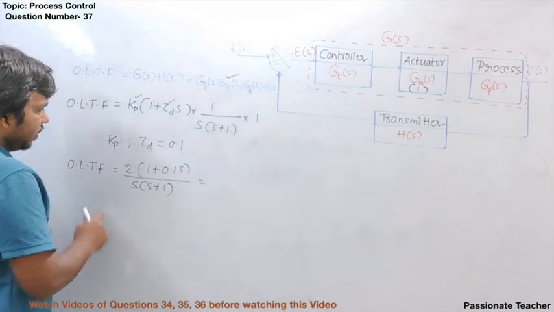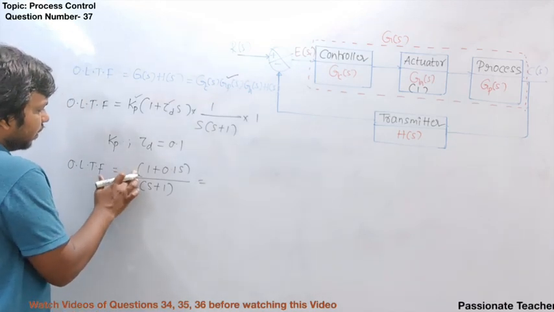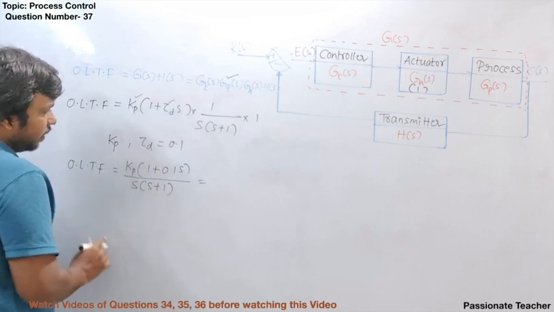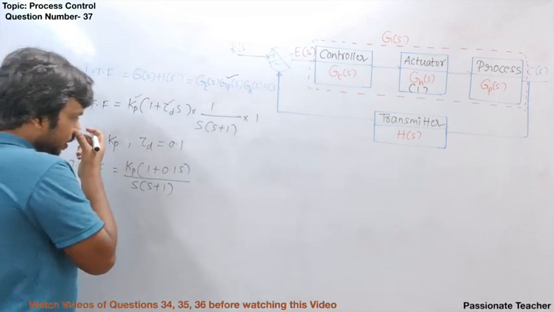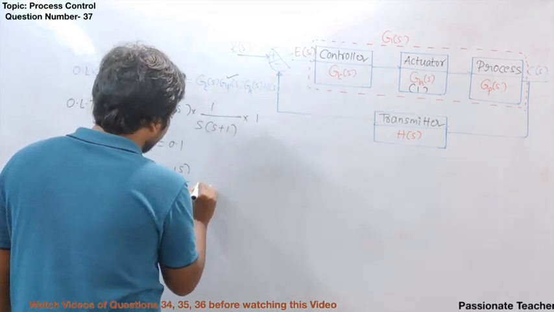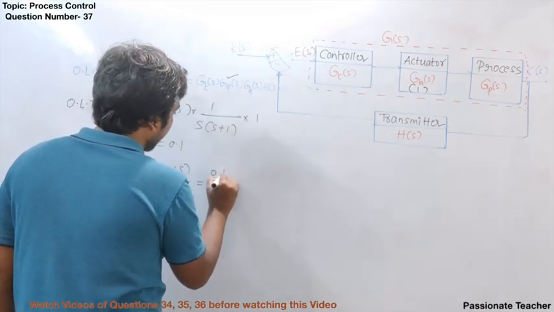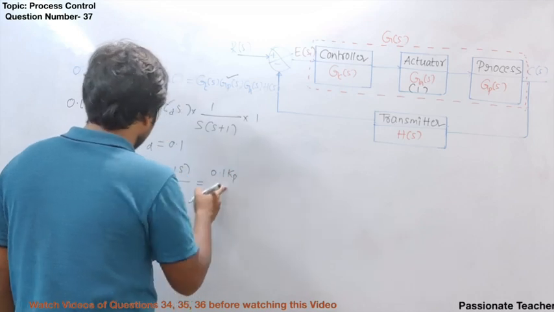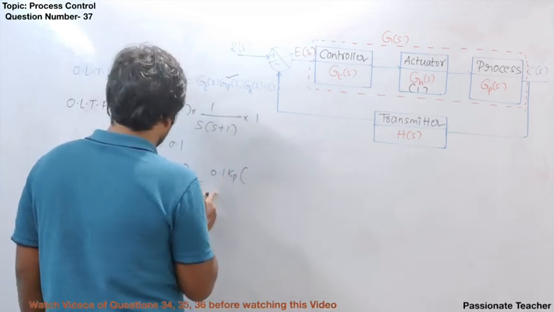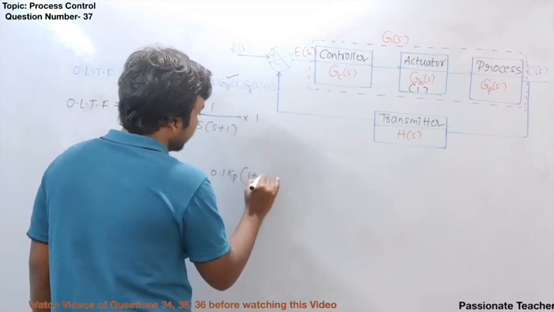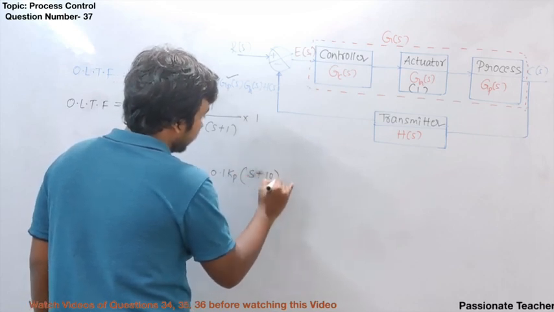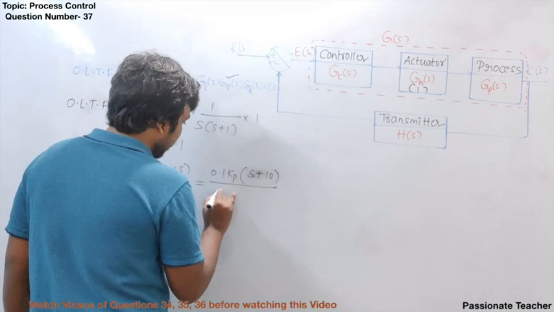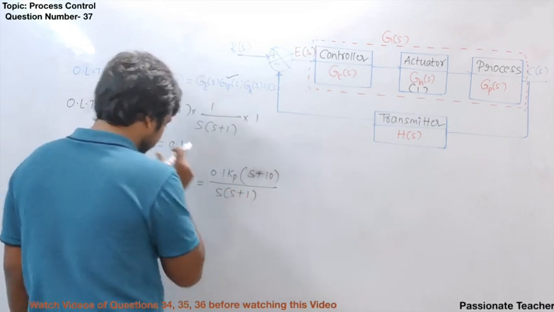Now the interesting fact here is, we will be able to get Kp into 1 plus 0.1 S. So let us take 0.1 outside. It will be equal to 0.1 times Kp into S plus 10 divided by S into S plus 1, right?